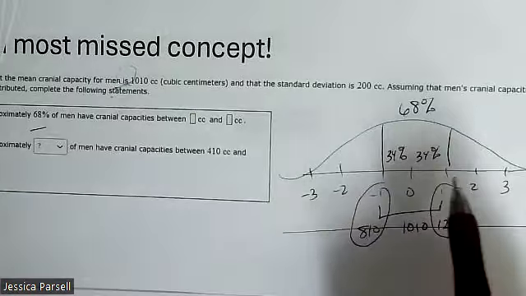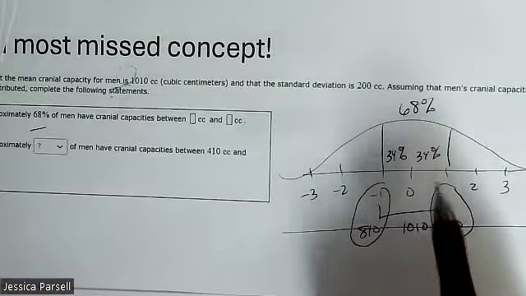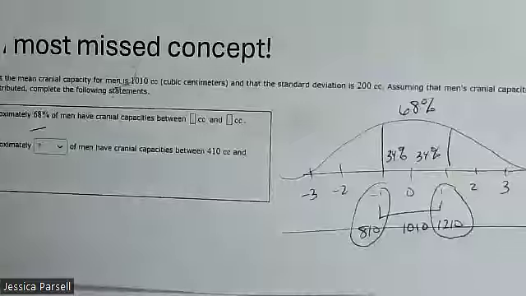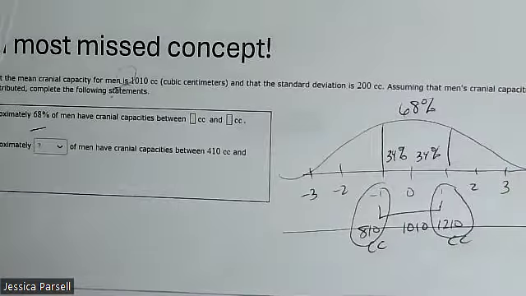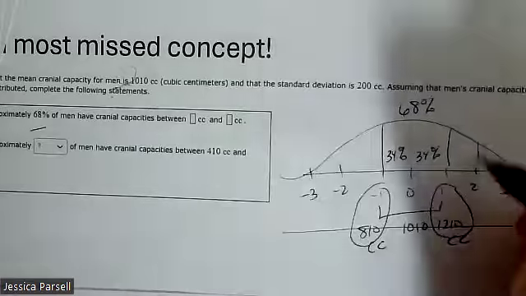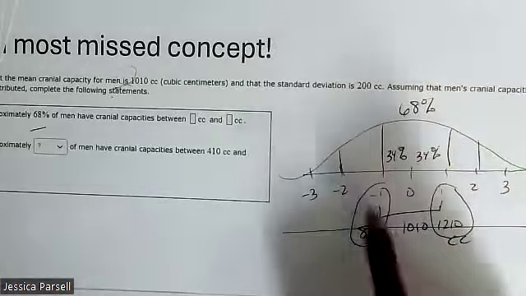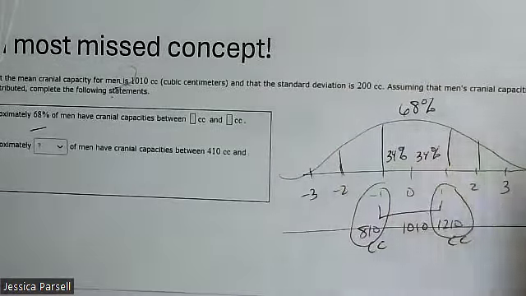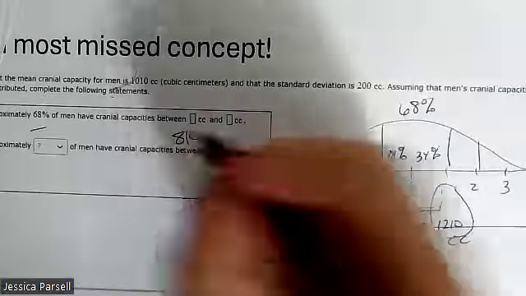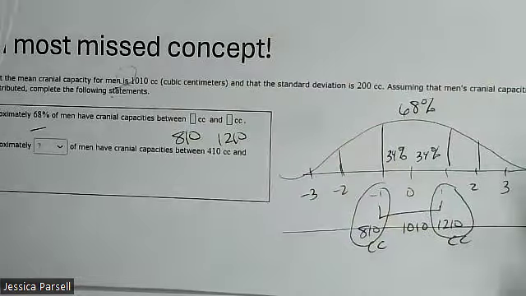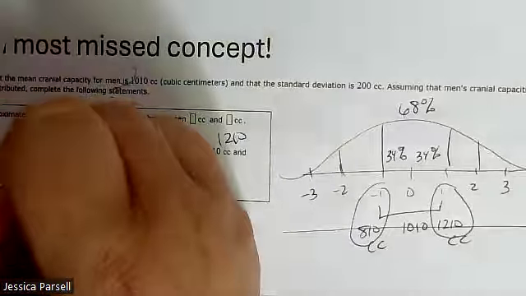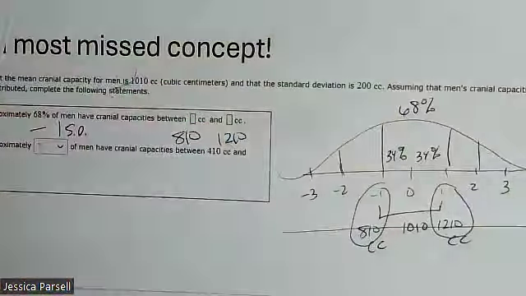So 68%, if we were just to randomly measure the cranial capacity for men, they would be between 810 cubic centimeters and 1210 cubic centimeters. That's if they're asking for 68%, right? If they ask for higher, 95%, we're going to have to subtract another 200 and add another 200. But for now, we're going to go between 810 and 1210, since they're just asking about 68%, which is one standard deviation away from the mean.